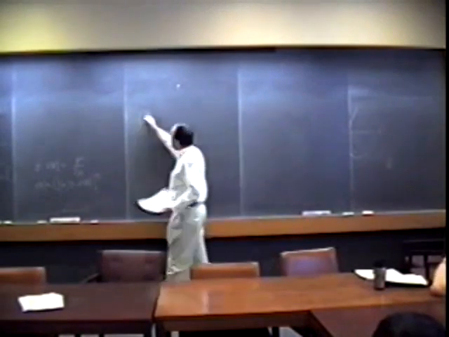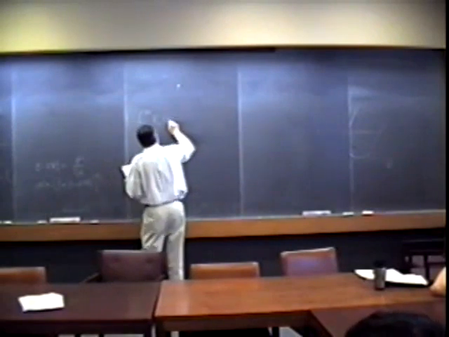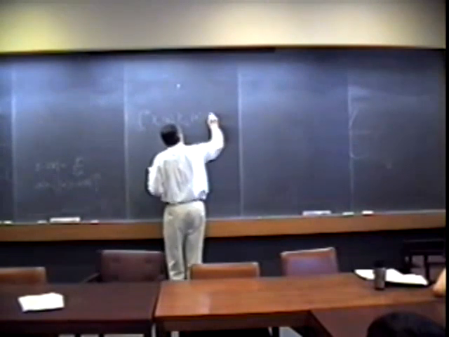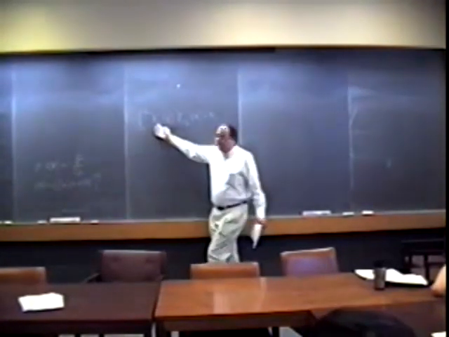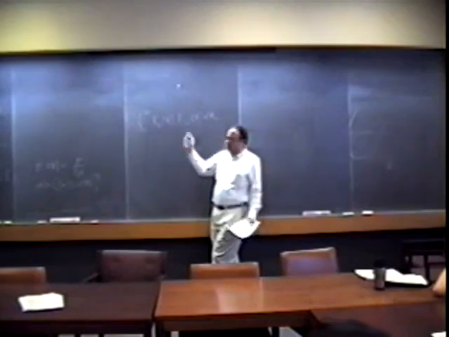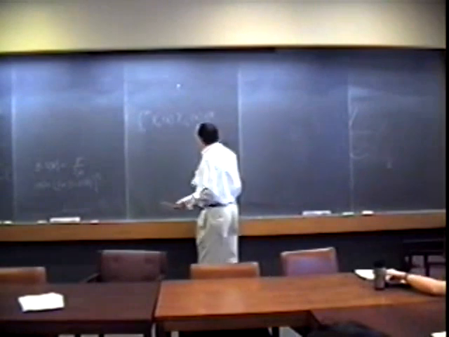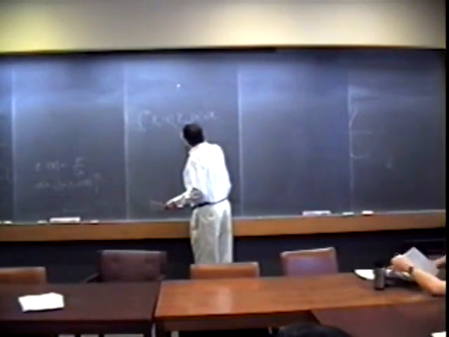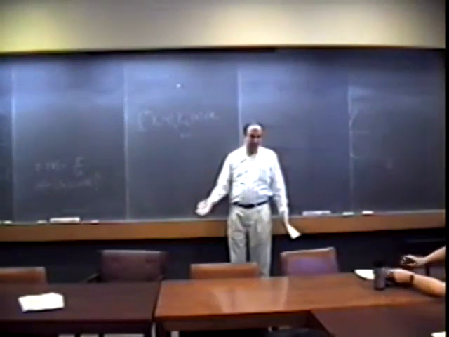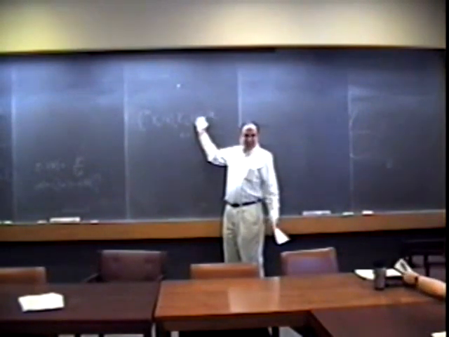So 0 to infinity of chi v1 of R, chi v2 of R, dR. Now, vibrational wave functions are real, so we don't have to play games with complex conjugation. We could be evaluating the integral of some function of R, and the same argument applies. Unless this function of R is really kinky, it doesn't care.